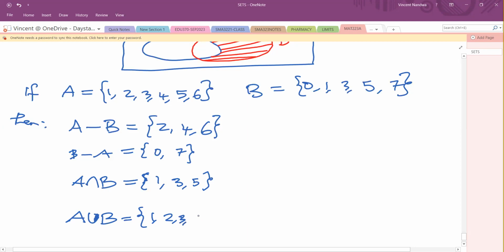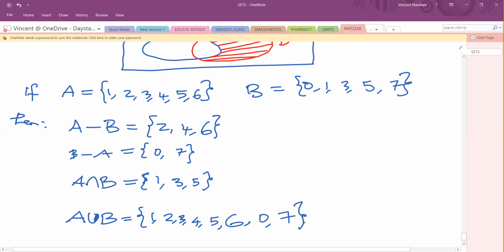There's no problem. So A union B, just write everything that you are seeing in A: 1, 2, 3, 4, 5, 6, and then add those which you have not counted in B: 0 and 7.